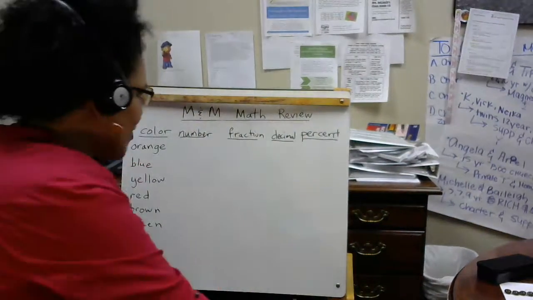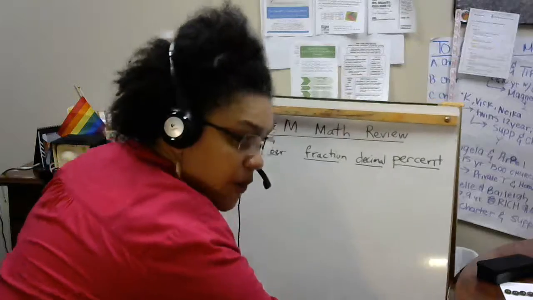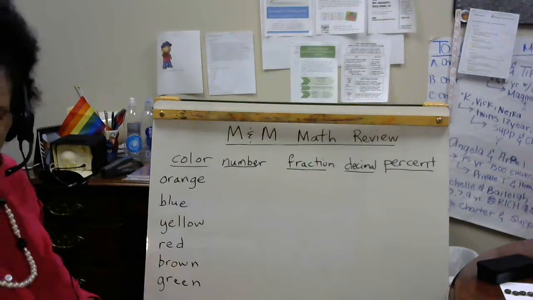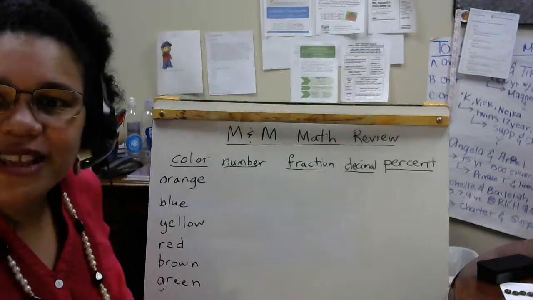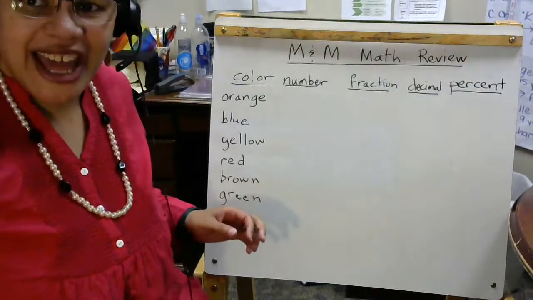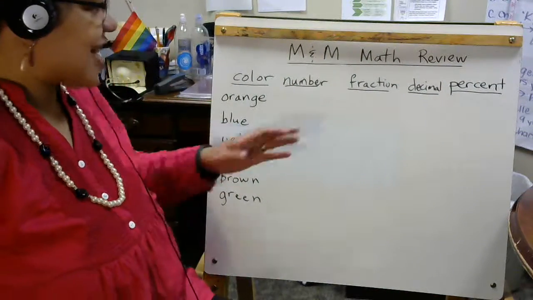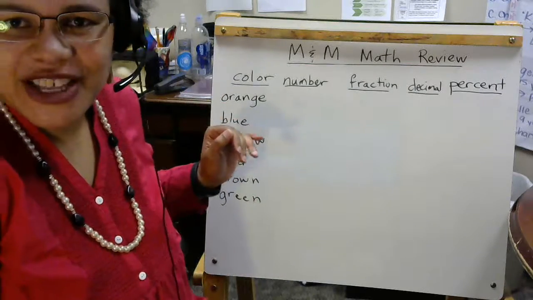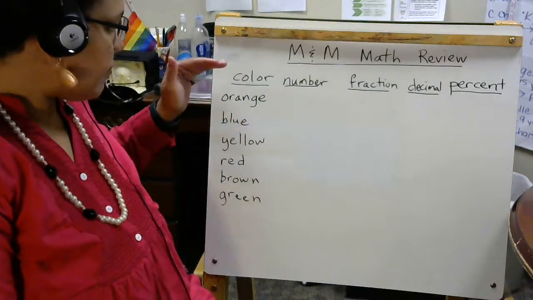Okay, so let me get my whiteboard and bring it forward. Let's talk about different forms that we can write the amount of M&Ms. So this is our M&M math review. We're going to identify the M&Ms by color.